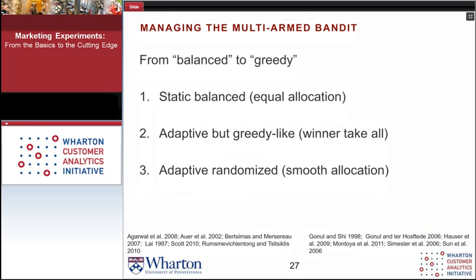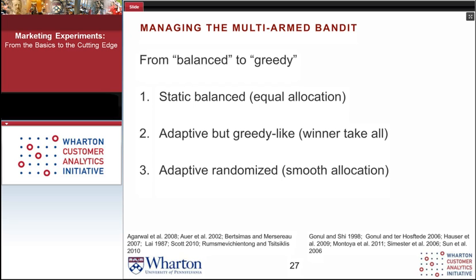There's a range of strategies. And what I mean by a balanced static experiment is pretty much what we had in mind when we were talking about A/B testing or multivariate testing. It's, as was described earlier, take the different combinations and just give equal allocation.